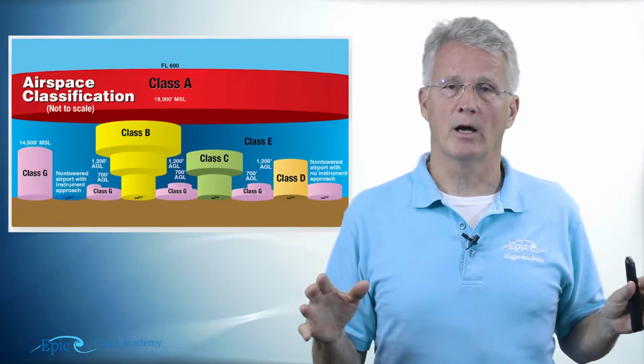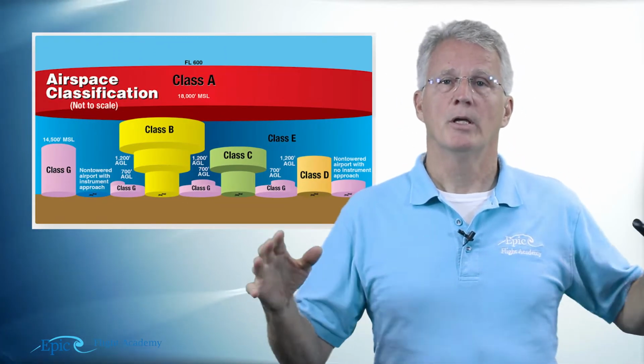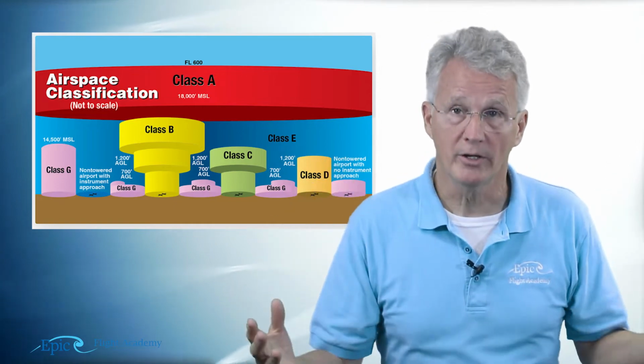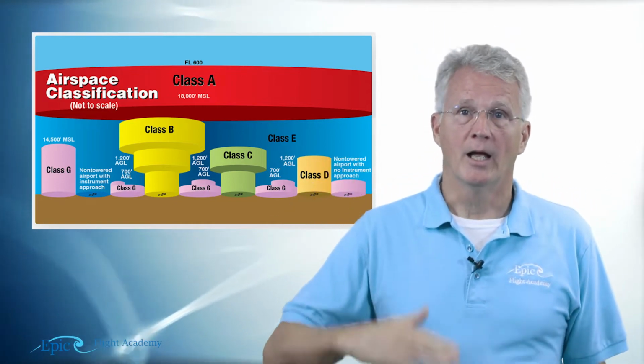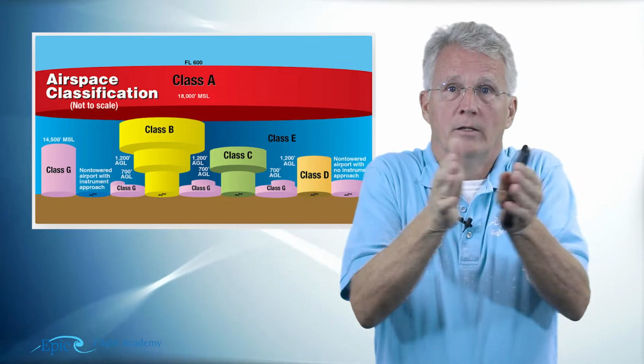We had talked in a previous video about looking up into the sky and wondering, hey, can I just fly anywhere and do anything? Well, the FAA has divided our airspace up into specific areas defined by altitude and mileage.